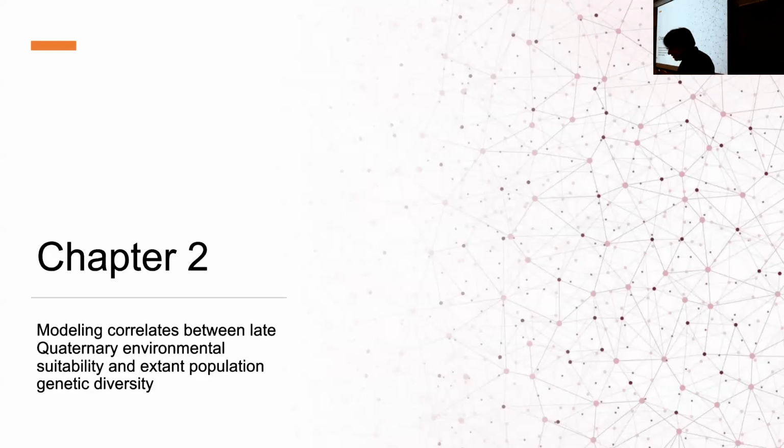Second chapter, this is completely different. The main idea is how we can correlate, sorry for my English, how can I relate the structure of the genetic diversity between the populations and the structure of the ecological niche?